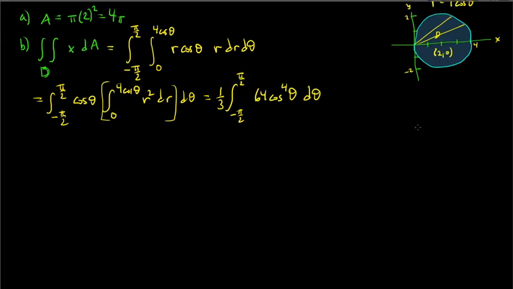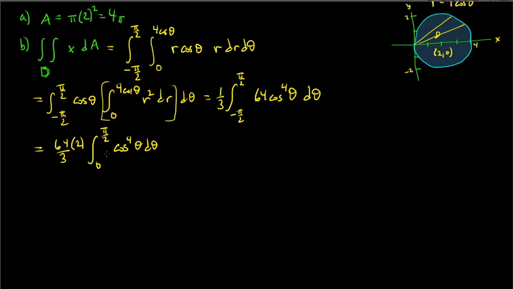Okay, so bring out the 64. And remember, cosine is an even function, right? And certainly cosine to the fourth is even. So we can double this and just go from 0 to pi over 2. But cosine to the fourth.